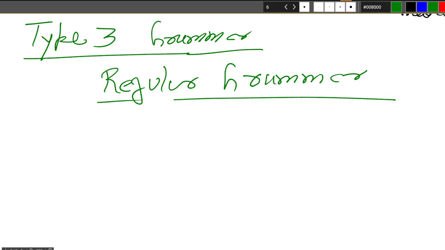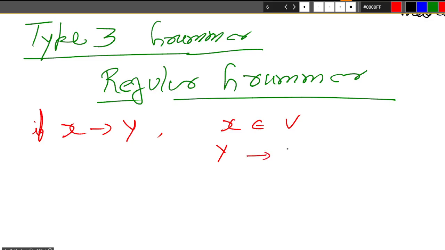So here I am telling you about type 3 grammar. It is a regular grammar, and the restrictions are something like this: if you have a rule x gives y, then x will definitely be a single variable, no problem. However, we have restrictions on y also.